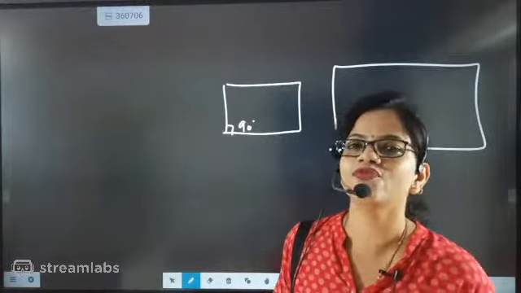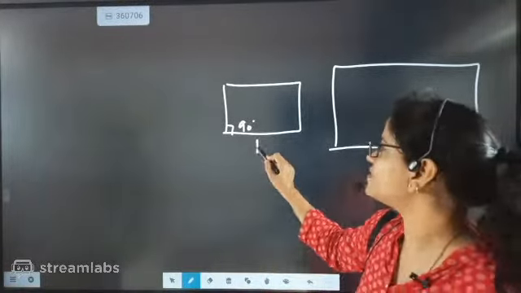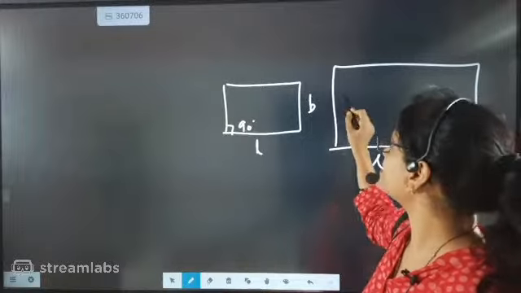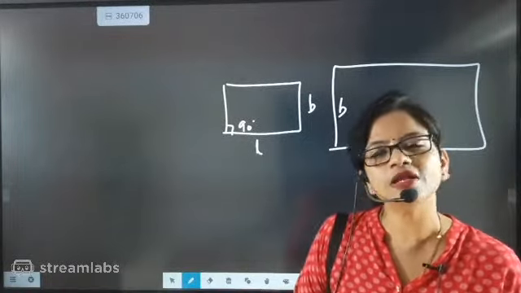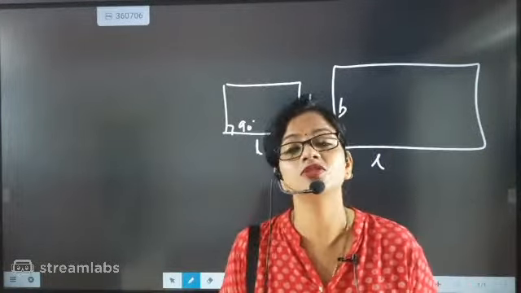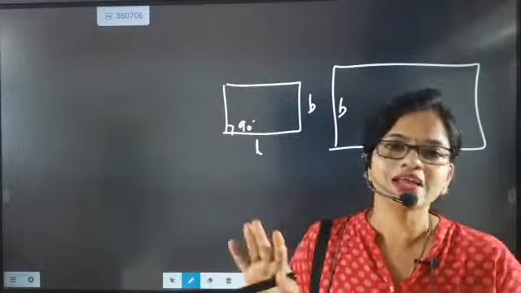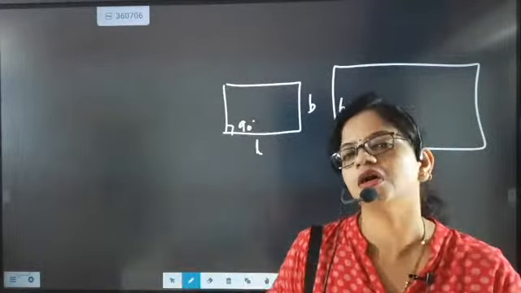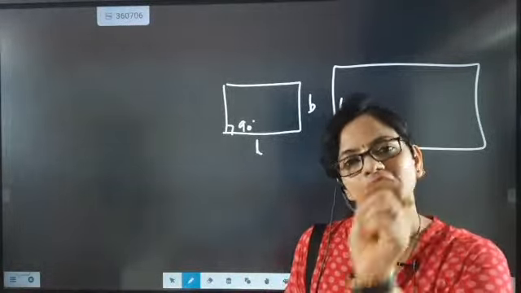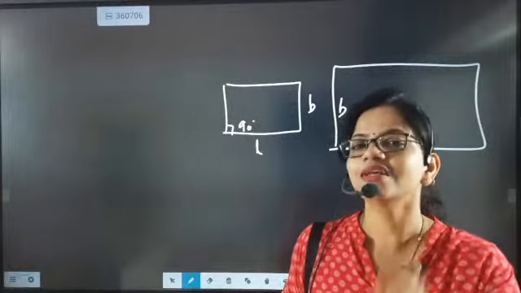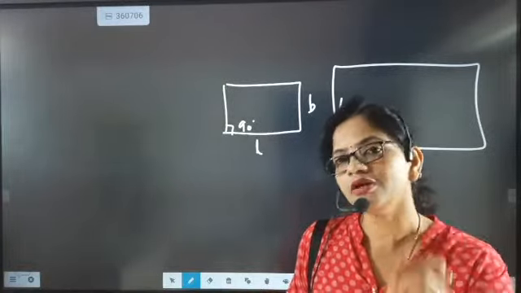Only one checkpoint for me: length and breadth. If the length and breadth of both rectangles are the same, then the rectangles are congruent. But if the length and breadth are not the same, then the rectangles are similar only.